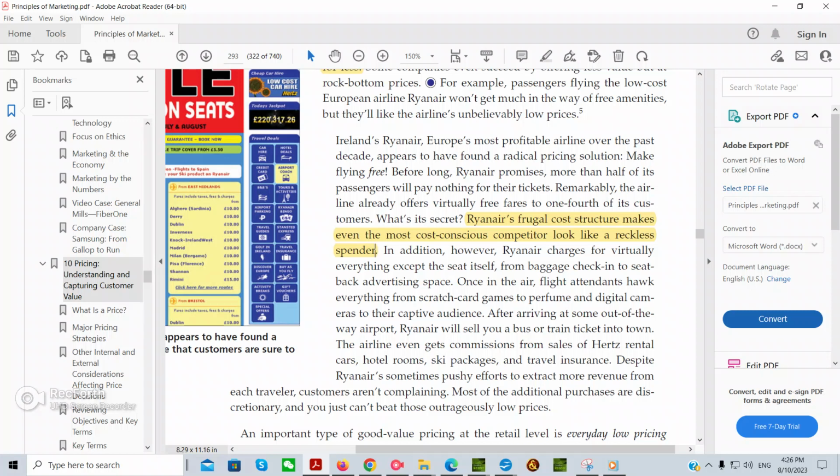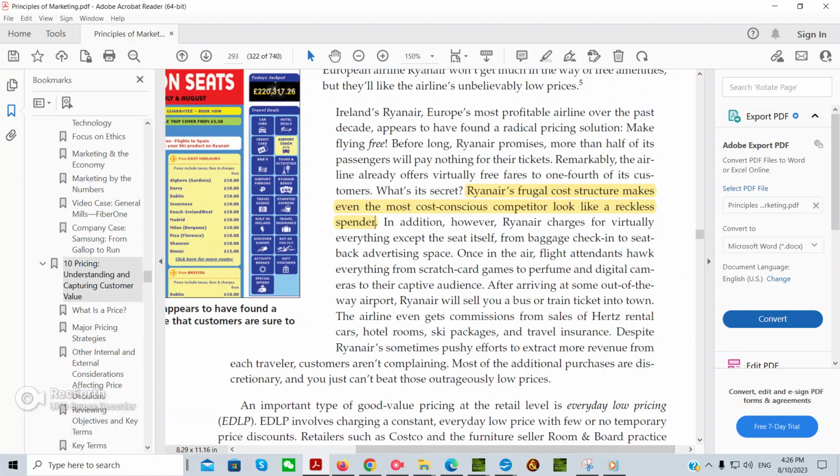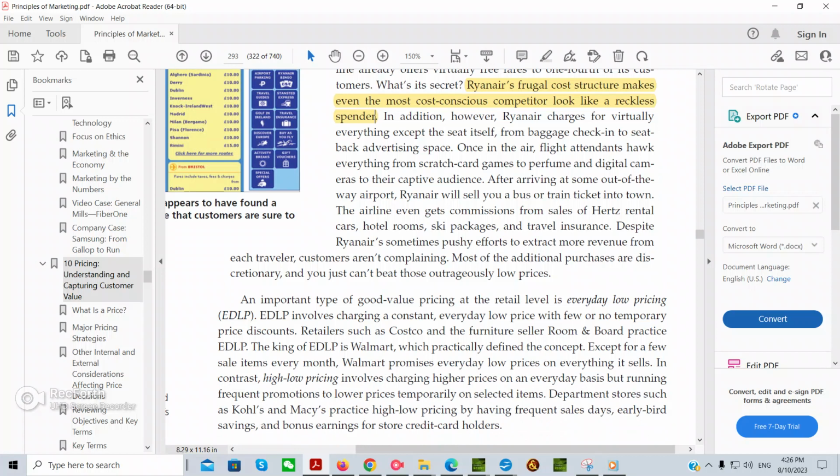The airline even gets commissions from sales of hotel rooms, rental cars, ski packages, and travel insurance. Despite Ryanair's sometimes pushy efforts to extract more revenue from each traveler, customers aren't complaining. Most of the additional purchases are discretionary, and you can't beat those outrageously low prices.